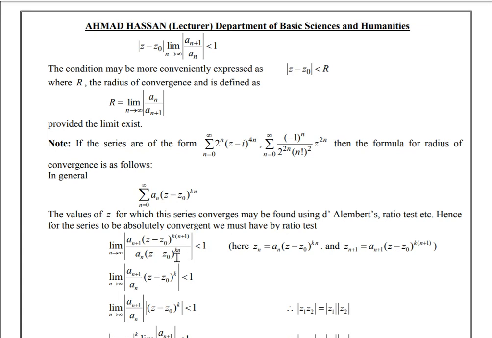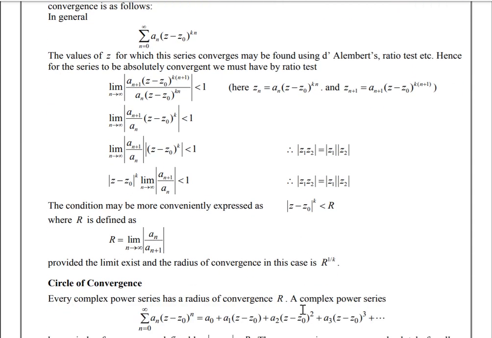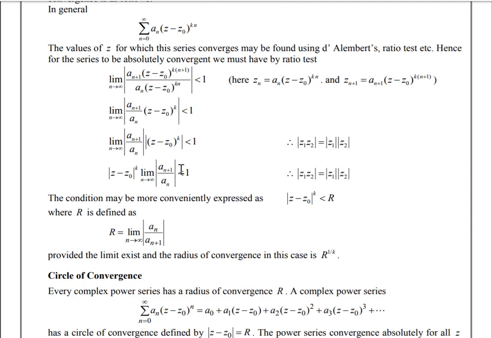Here z minus z naught power kn cancels. We have left an plus 1 over an into z minus z naught power k, mod, taking mod separately because we know that mod of z1 z2 is equal to mod z1 into mod z2. Again, mod is outside the limit.